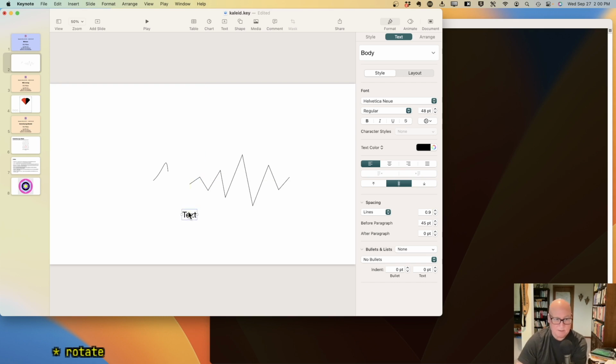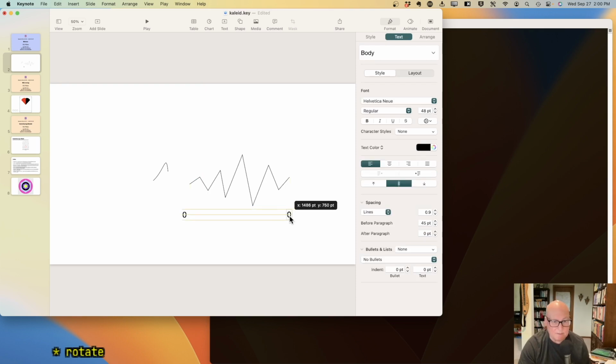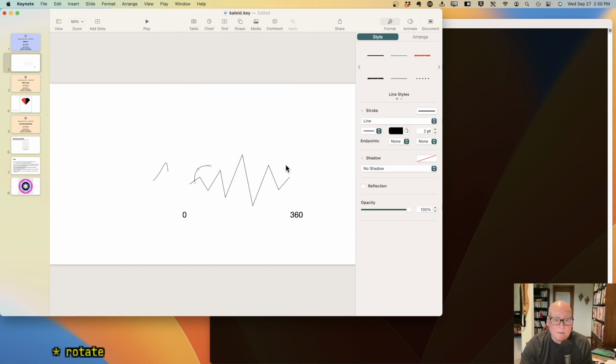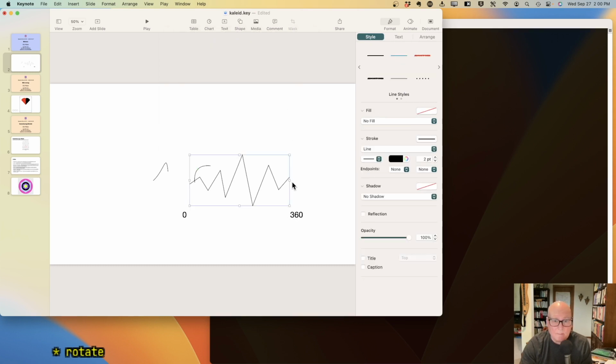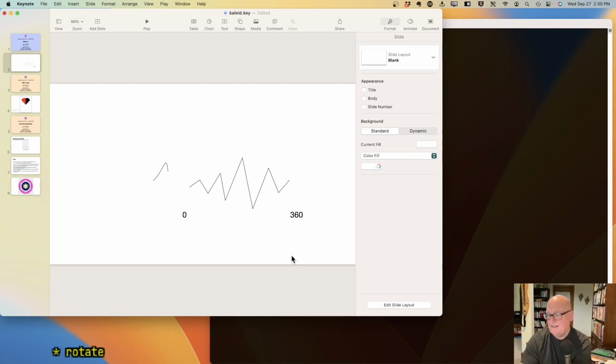So 0 degrees corresponds here. And then 360. And I'll probably just add a little bit more. I don't know. Does this make sense? And so I guess, like, how many ups and downs do you have is interesting.